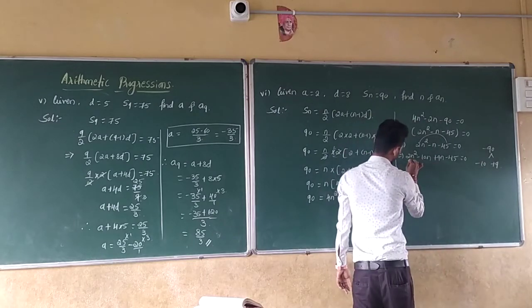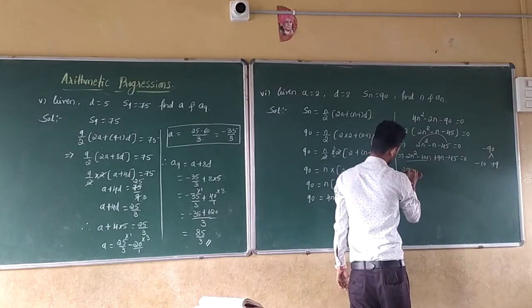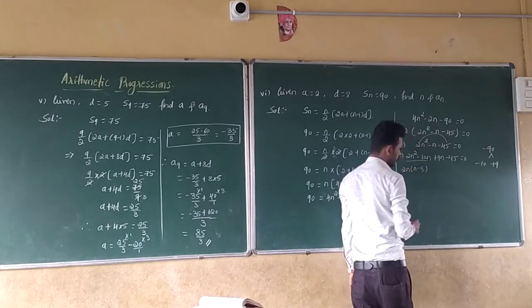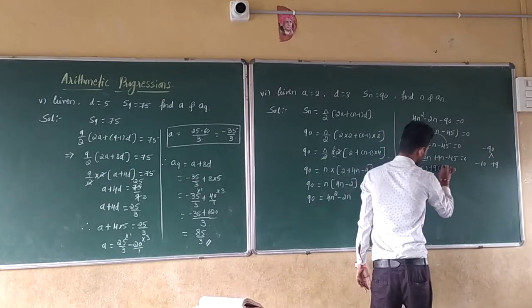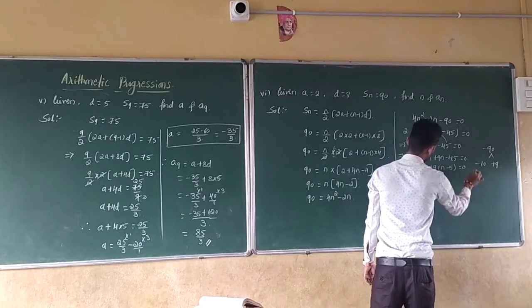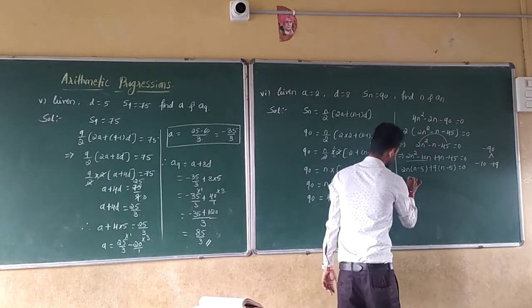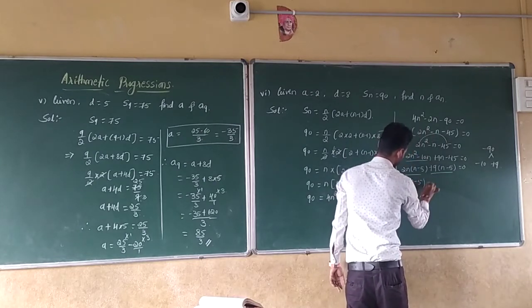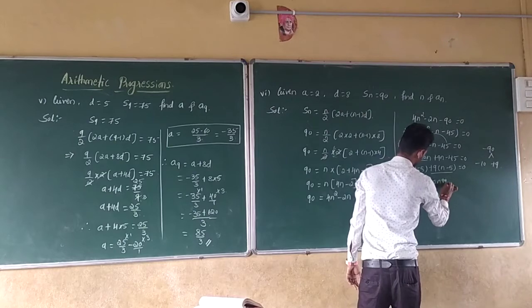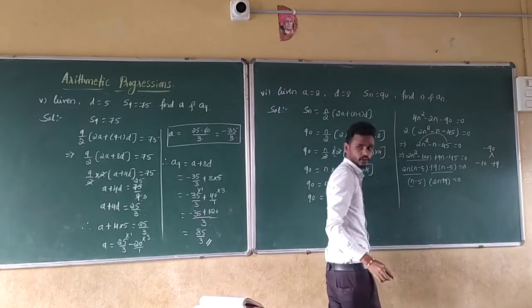So what is common in these two now? 2n. So 2n into n minus 5 plus, in these two common is 9, 9 into n minus 5, which equals 0. So what is common in these two now? n minus 5. What will remain? 2n plus 9 equals 0.